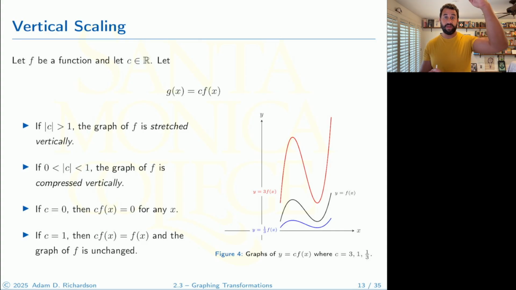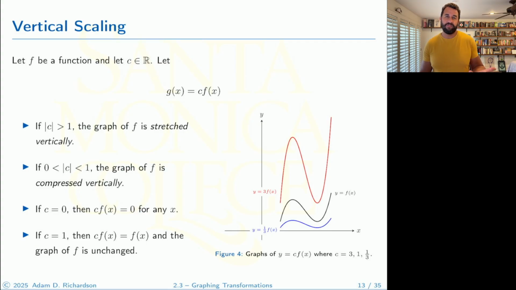It's going to be bigger in size. Now, if the size of c is between 0 and 1, you're going to get a vertical compression, because now you're taking less than 1 of that output. Less than 1 of those outputs means you're going to go from what was this to something smaller. So when c is between 0 and 1 in size, you get a compression.